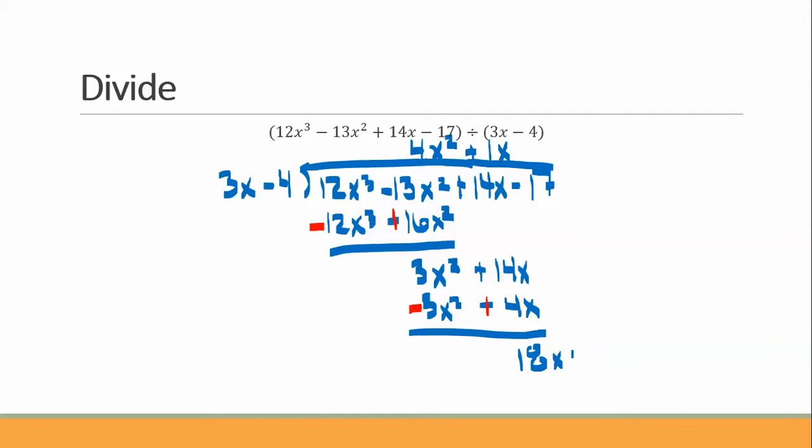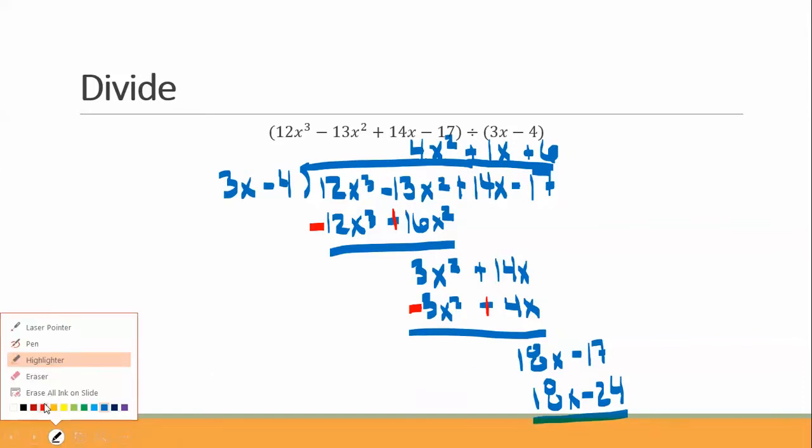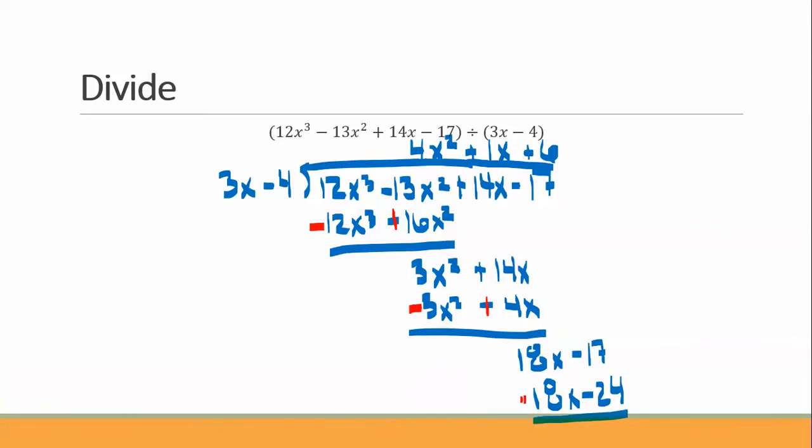And then we bring down our last term. How many times does 3x go into 18x? It goes in there plus 6 times. And multiply down. 6 times 3x is 18x. 6 times negative 4 is minus 24. Subtract, so we change our signs.